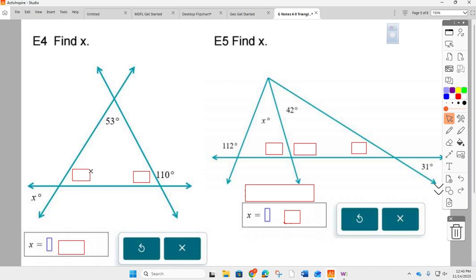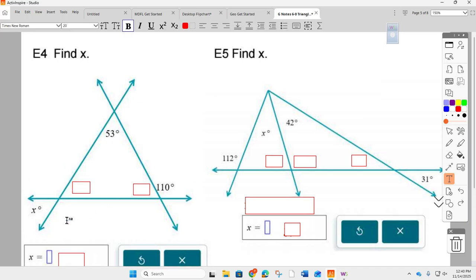So we know that this angle plus this angle equals 110. And we know this angle and this angle have the same measure. So if we say x plus 53 equals 110, then we can solve our equation. Does that make sense?